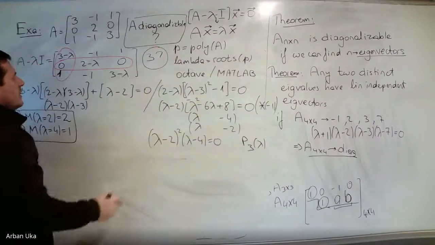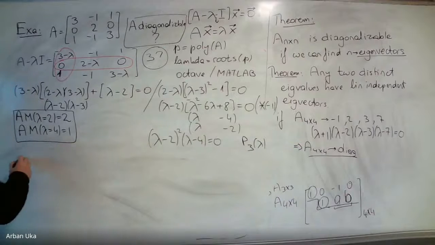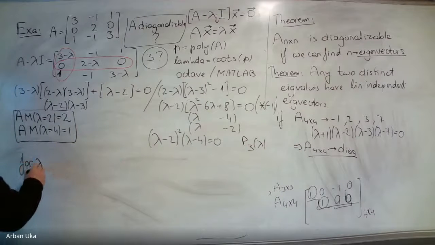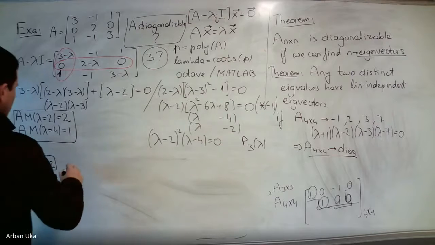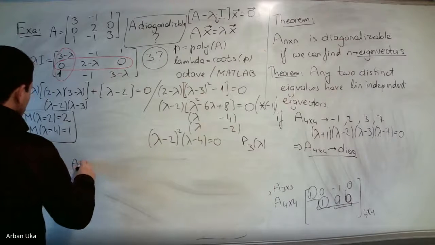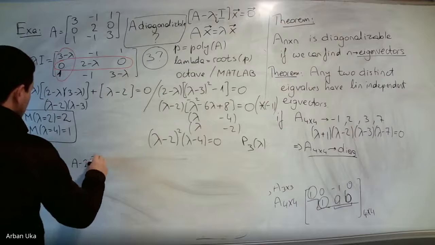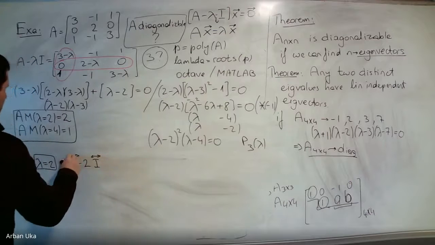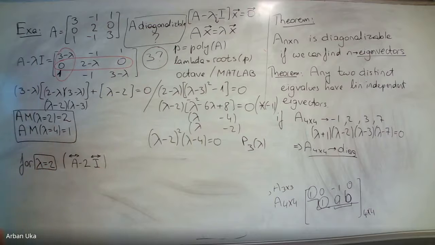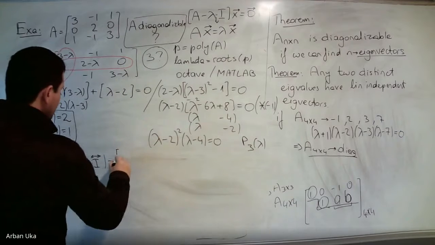Okay. So let's try to find what eigenvectors we have for lambda equal to 2. If lambda is equal to 2, we have to write down this equation A minus 2I. I is the identity matrix. A is the original matrix. And we need to find the null space of this matrix.